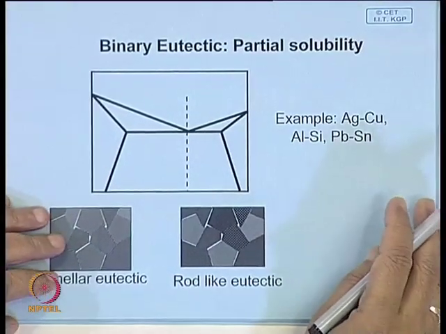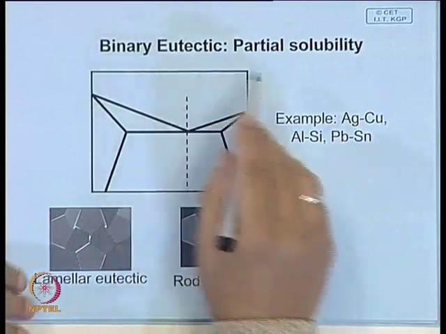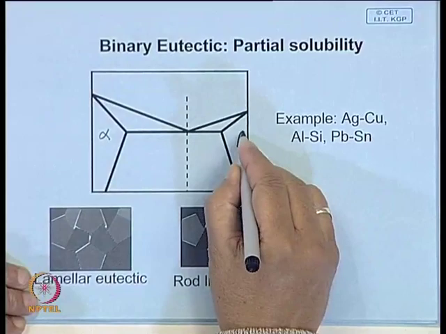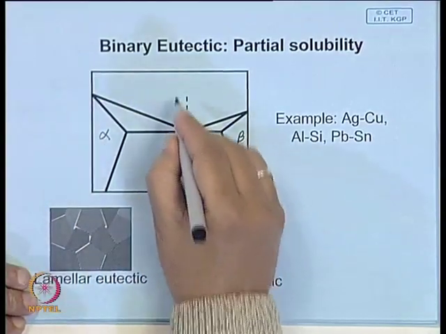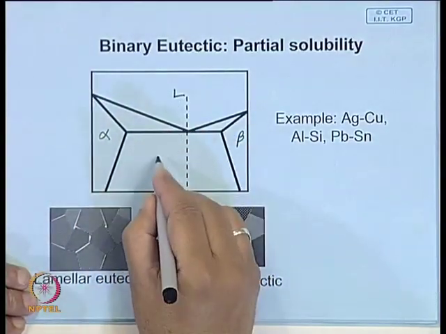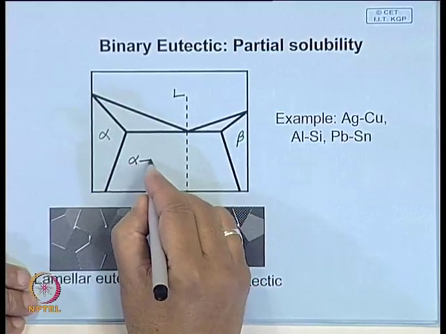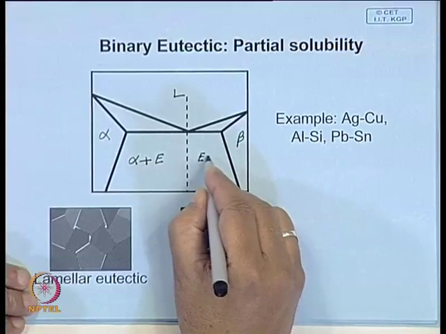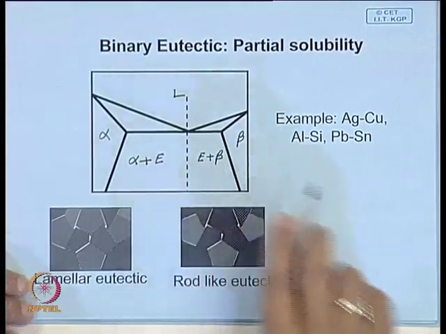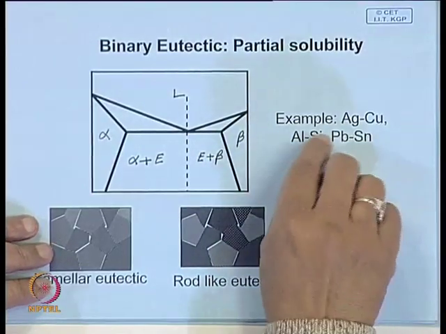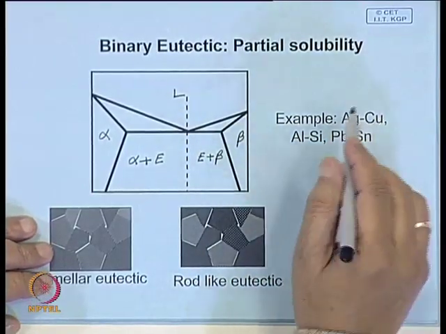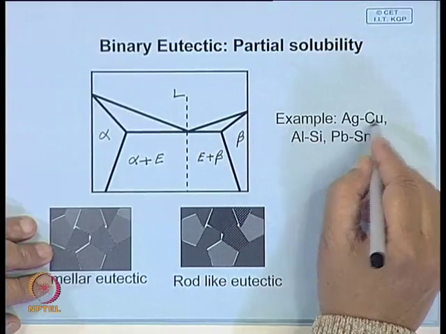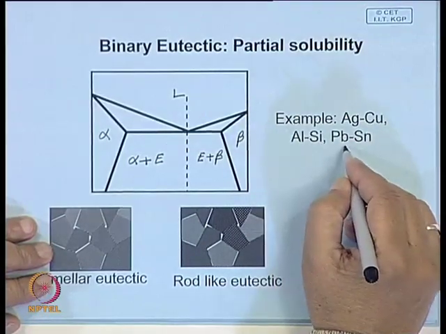Now, binary eutectic, we looked at eutectics, and in this particular case we have two phases alpha and beta, these are terminal solid solutions, and this is liquid. Here you have alpha plus eutectic, here you have eutectic plus beta. Certain binary alloy systems exhibit this kind of behavior, like silver-copper, aluminum-silicon, lead-tin.